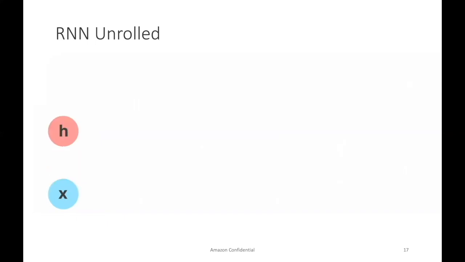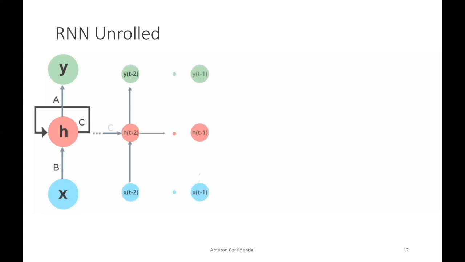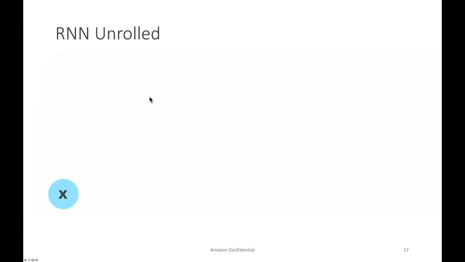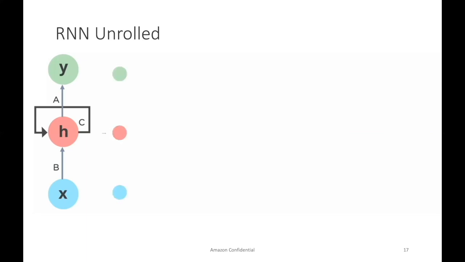So let's visualize the unrolling once again. As you can see, this keeps repeating continuously over each time step, right? So the RNN itself remains the same, only the hidden state and the data change.